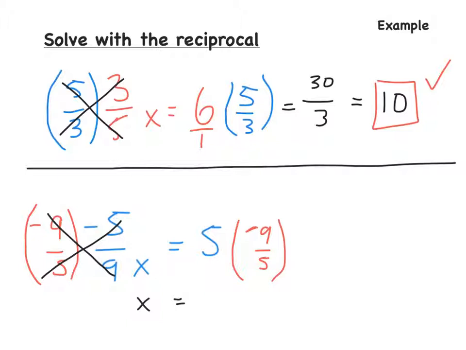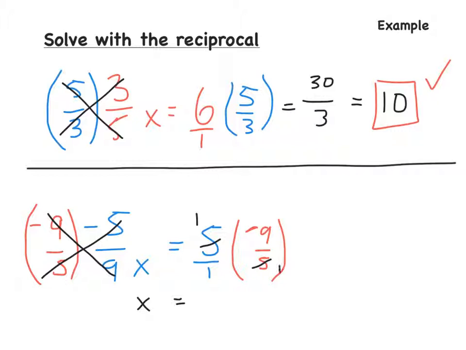Now we need to multiply 5 times negative 9/5. Remember, you can write 5 as a fraction, as 5 over 1. Now this time let's do some cross simplifying. So we can cross simplify these 5's. The greatest common factor of both of those is 5.